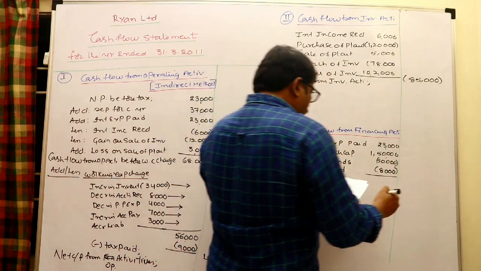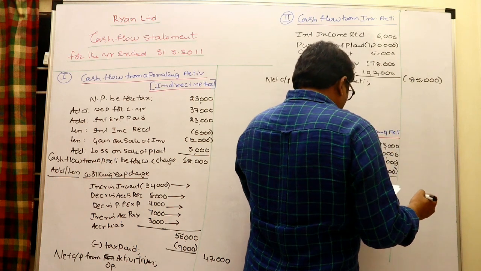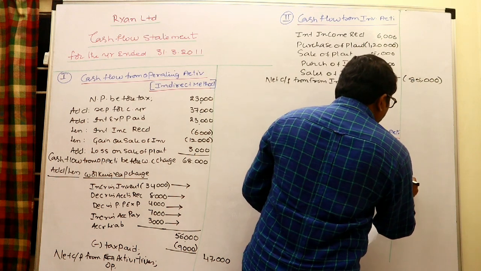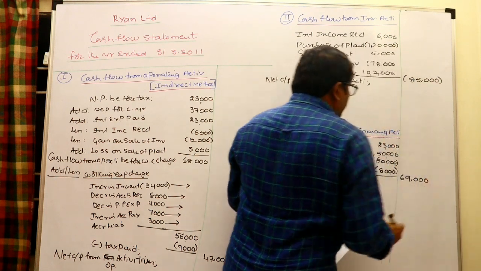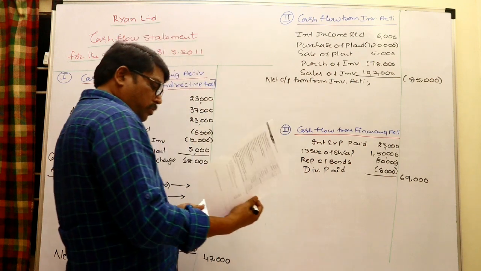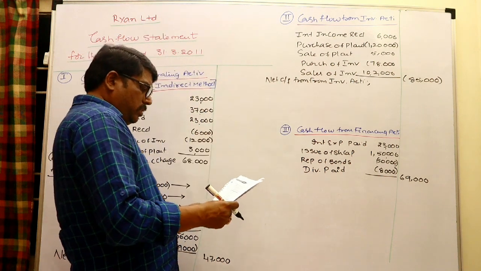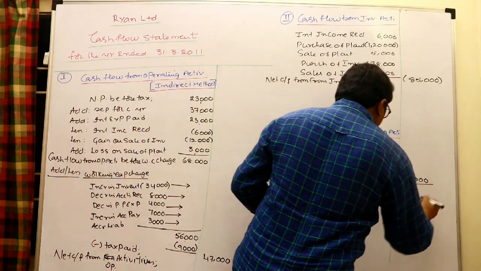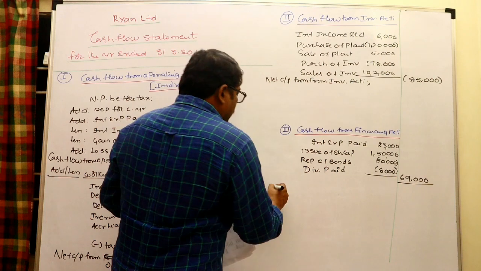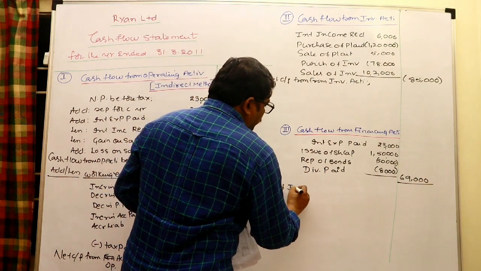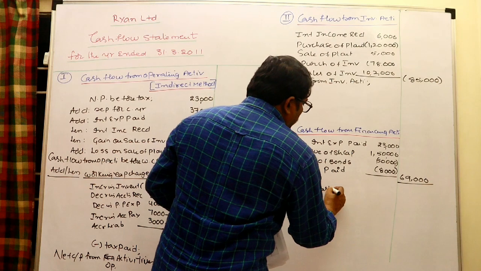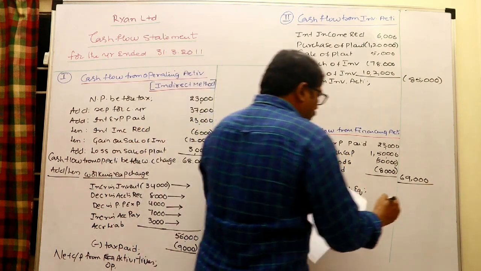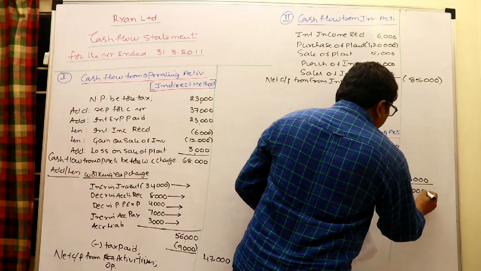So the net cash flow out of this is 69,000. Take 69,000, 85,000 as well as 47,000. If you take all of these three items, the net increase in cash and cash equivalents is 31,000, a positive inflow.